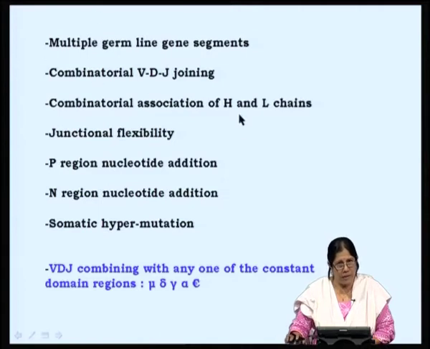All the information lies in the genome, but T and B cells, both of them, undergo recombination with respect to their receptors, and this is how the generation of diversity is brought about.